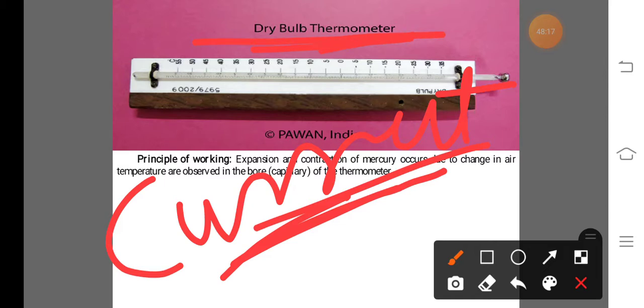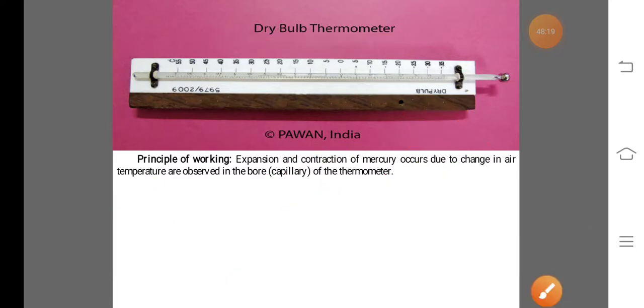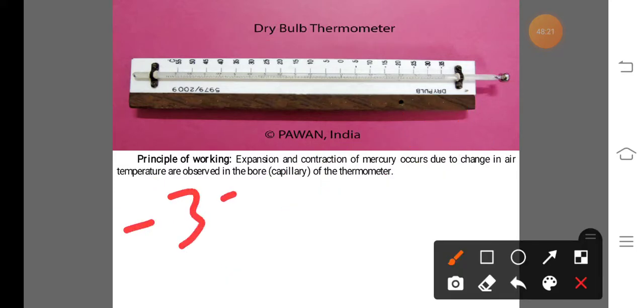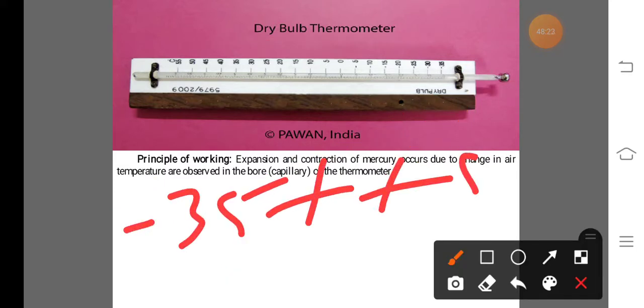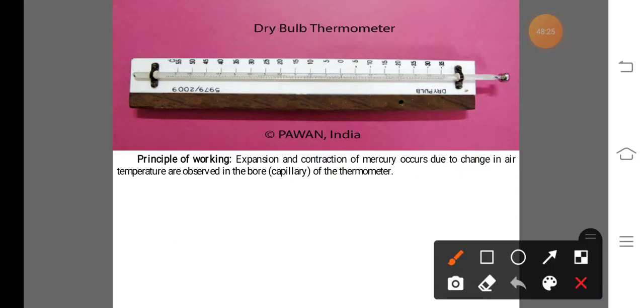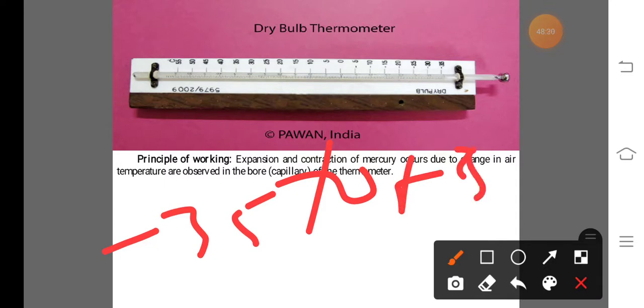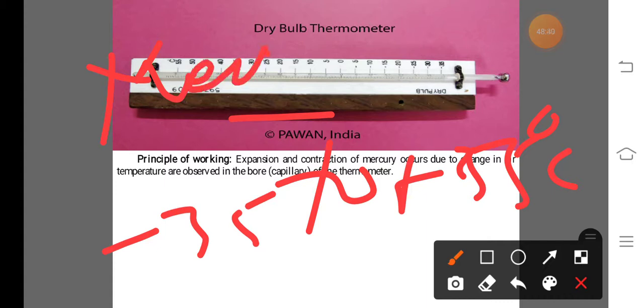This thermometer has a temperature range of minus 35 to plus 55 degrees Celsius. This dry bulb thermometer also contains mercury, that means it is a mercury in glass thermometer.